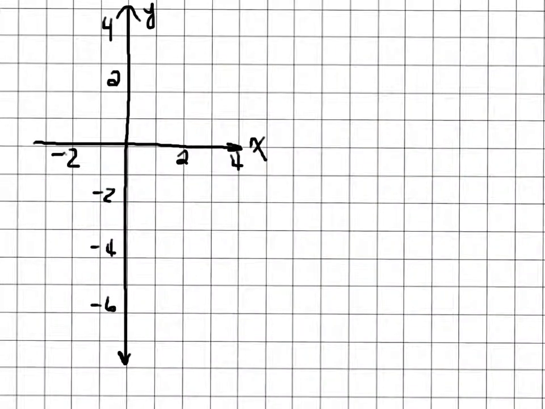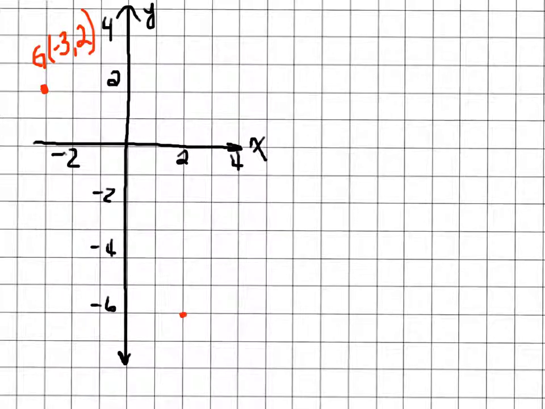So the best thing to do is to work through another example. So I'm going to choose the points -3, 2, which is here. And this is going to be G, -3, 2. And I'm going to use the point 2, -6.